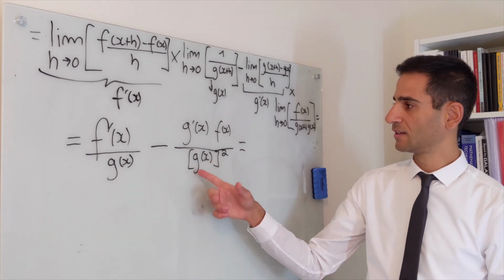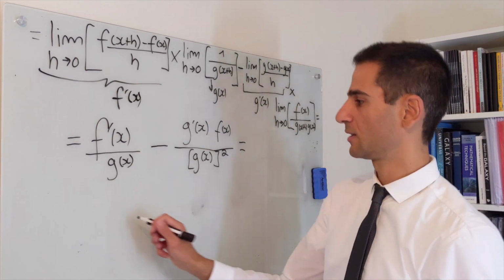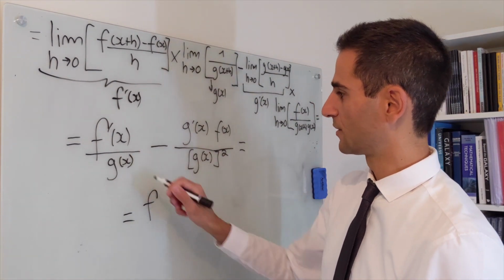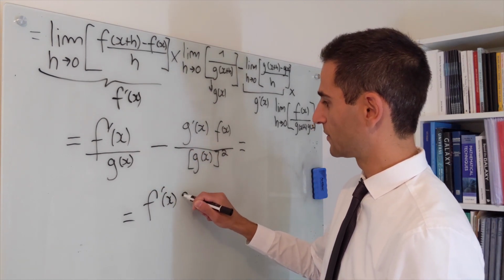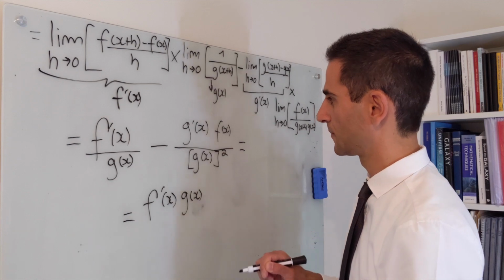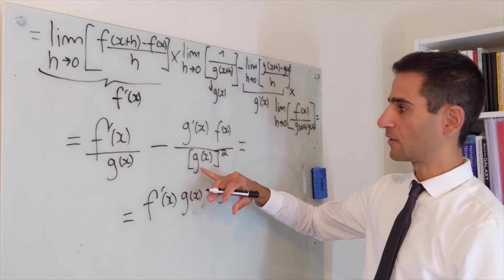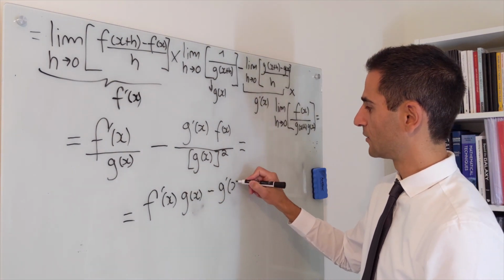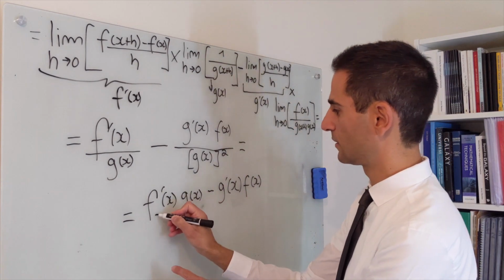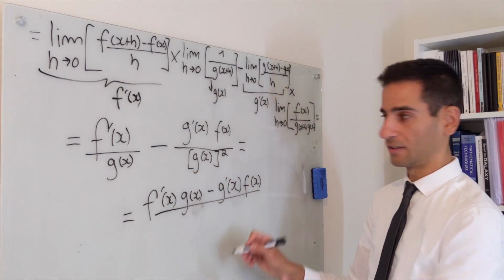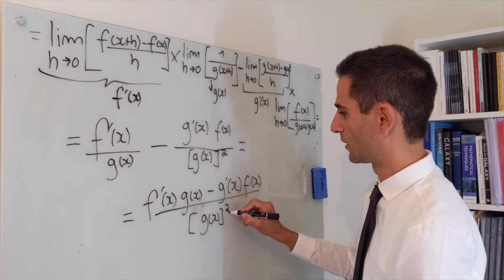In this case, g of x squared, which means we'll be multiplying up and down by g of x, getting us the derivative of f of x times g of x minus, nothing happens here because we already had the common denominator, the derivative of g of x times f of x divided by the common denominator, which is g of x squared.